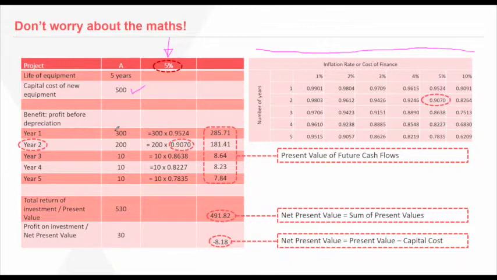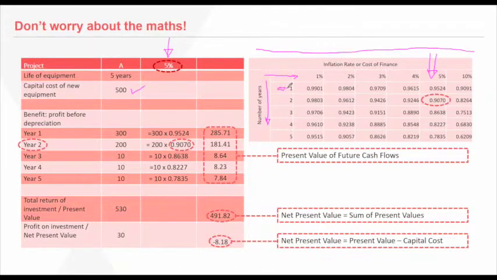And what we do is we pick up a discount factor from our table. And we do this by finding the intersection between the rate that we're using and the number of years away that the cash flow occurs. We have decided to use a 5% rate. So we are very focused on this 5% column. For year one, we are now 1 year into the future.